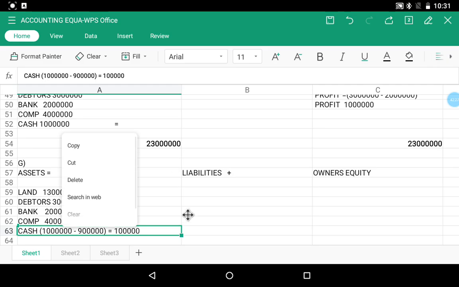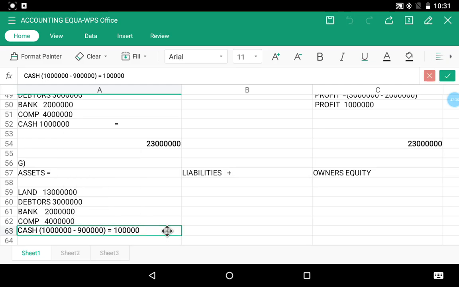Under cash we shall remain with 100,000. And when you check, we don't have any other assets.